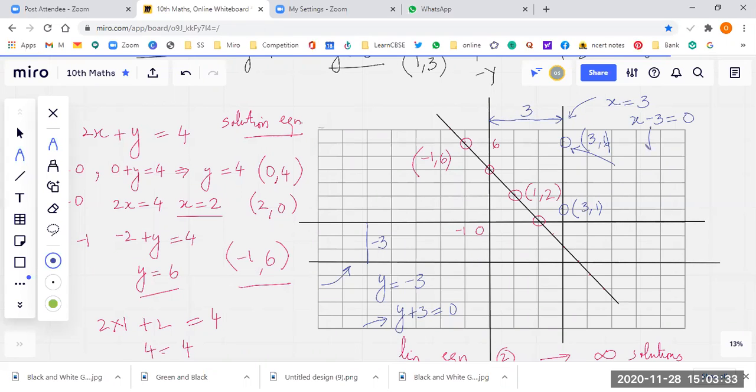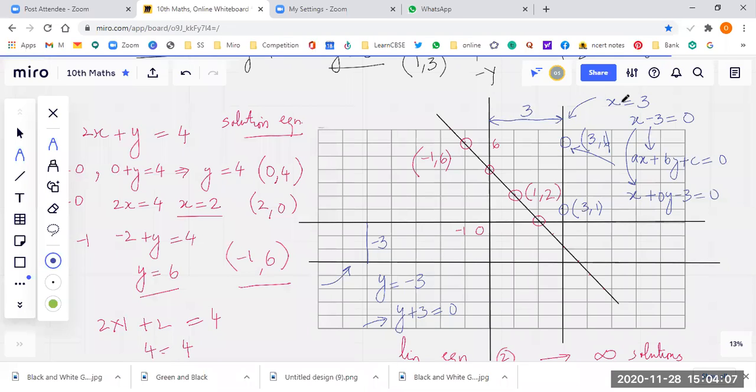You must have been wondering why sir is teaching us the standard form of equations in two variables, ax + by + c = 0. Today it will be clear to you. See, the y variable will not come. This equation can be written in the standard form as x + 0y - 3 = 0.